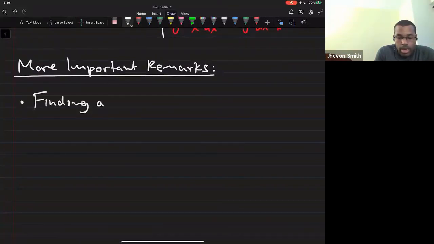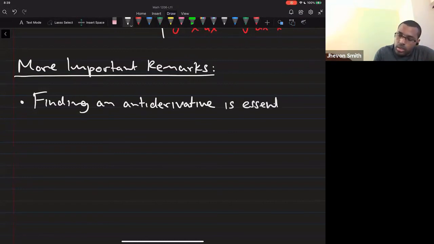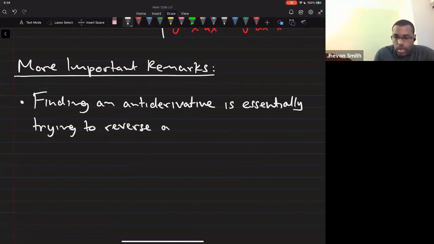Finding an antiderivative is essentially trying to reverse a derivative, right?